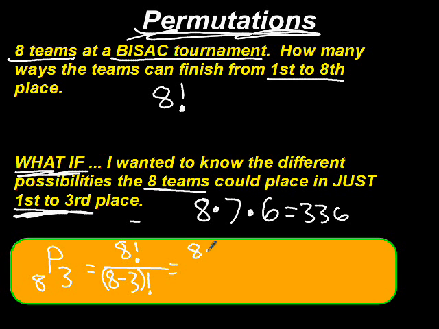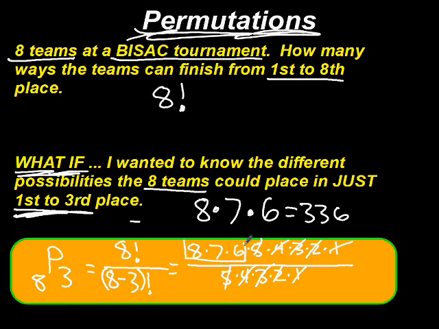Alright, and let's do this out. This is 8 times 7 times 6 times 5 times 4 times 3 times 2 times 1 divided by, well, 8 minus 3 is 5 factorial, 5 times 4 times 3 times 2 times 1. Do you see what ends up happening? Slash, slash, slash, slash, slash, Fruit Ninja, the 5, 4, 3, 2's and the 1's cancel, and we really just get 8 times 7 times 6.